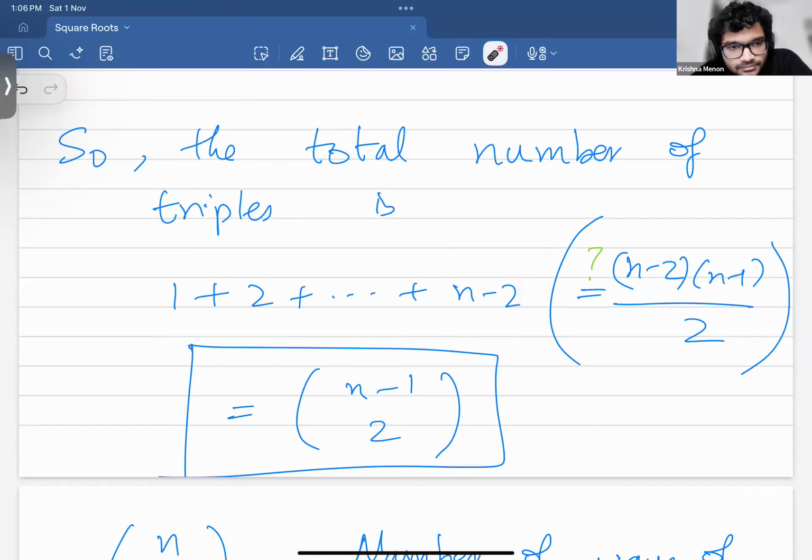First, n minus 2 natural numbers. The sum of the first n natural numbers is n into n plus 1 by 2. Okay, that is a formula you already know. So I put n equal to n minus 2. Okay, yeah.